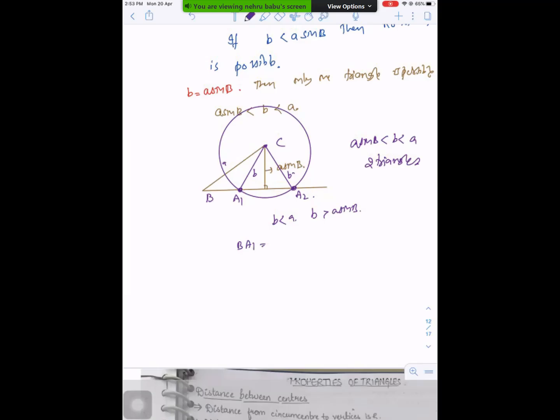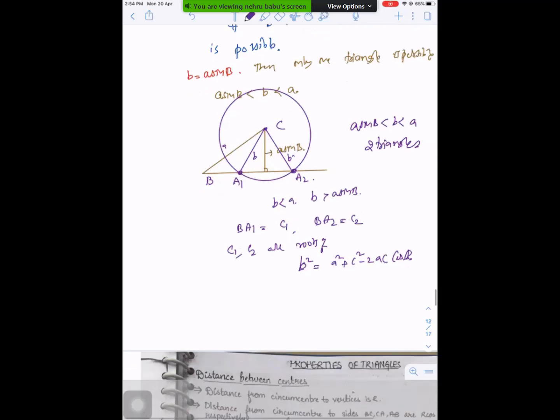So BA1 equals c1, BA2 equals c2, and c1, c2 are roots of the equation b square equals a square plus c square minus 2ac cos B, as it is a quadratic equation in c.